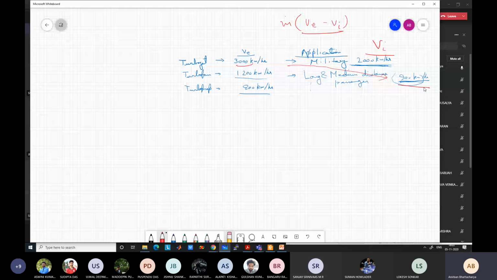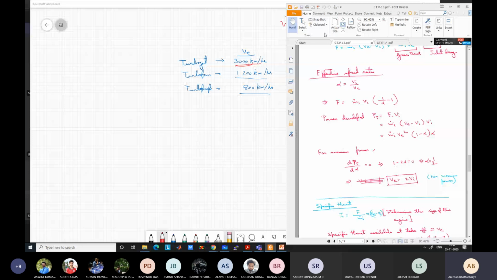But in more technical terms, can you say propulsive efficiency, sir? Propulsive efficiency will be lower for turbojet, right? That is correct. Propulsive efficiency is denoted like this, right? Eta P is 2 by 1 plus V by Vi.